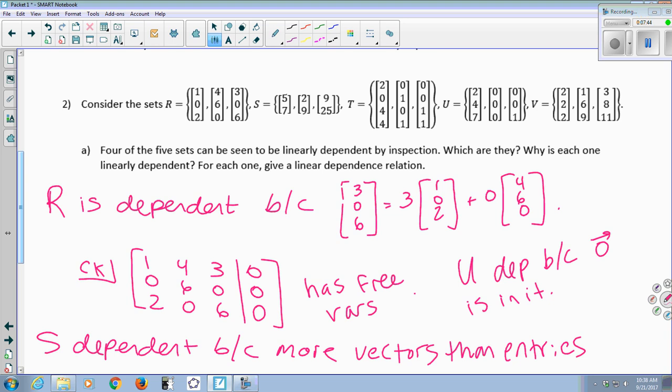Yeah. 2 and 1 is 3, 2 and 6 is 8, 2 and 9 is 11. So one of these is a linear combination of the others, so it's dependent. All right, so T is the one that you can't determine by inspection. It's not obvious.